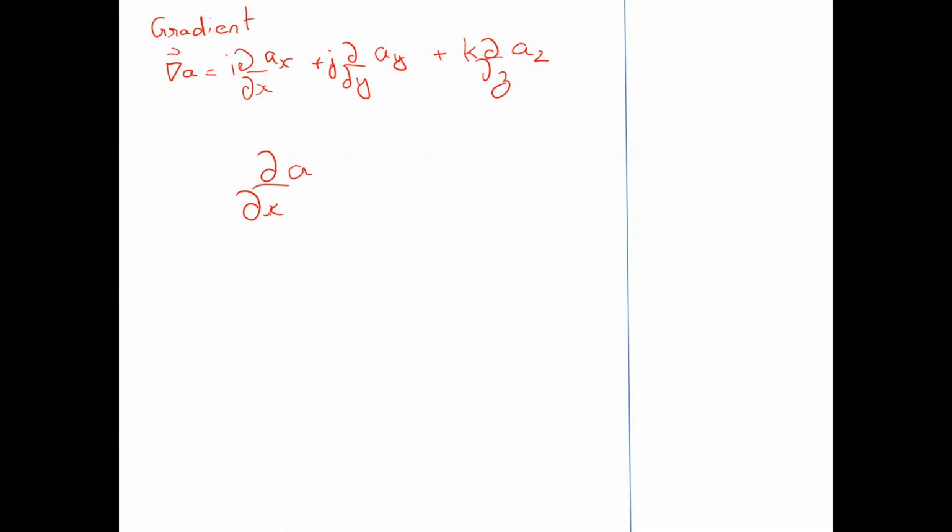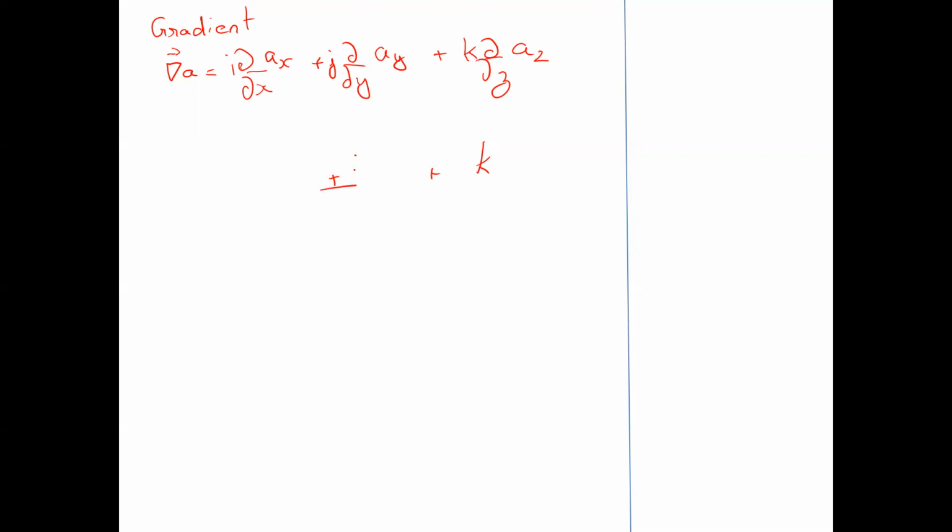The slope is just a magnitude. If I add a vector, I add a direction to the rate of change. Now I can generalize this and add the j component and k component, and this is the gradient, the multi-dimensional rate of change.